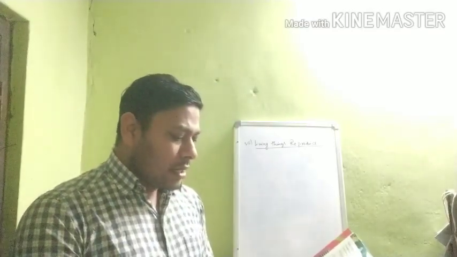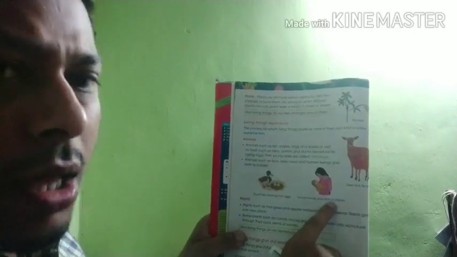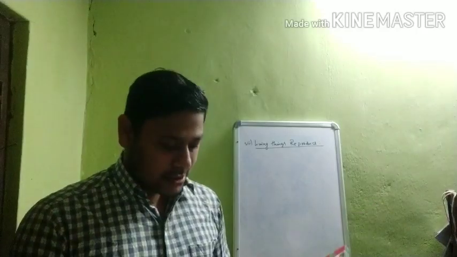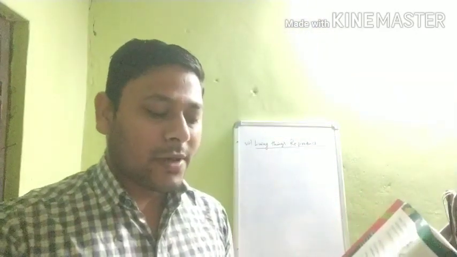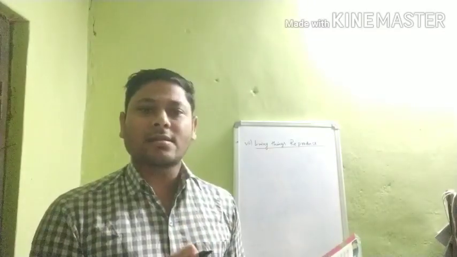Next, we see the picture here. Ducklings. See here, duckling. They hatch from the eggs and they give birth to the babies. In the same way, human beings give birth to babies. Okay? Next, we see plants. Plants such as mangoes and apples reproduce through the seeds which are present inside the fruits.